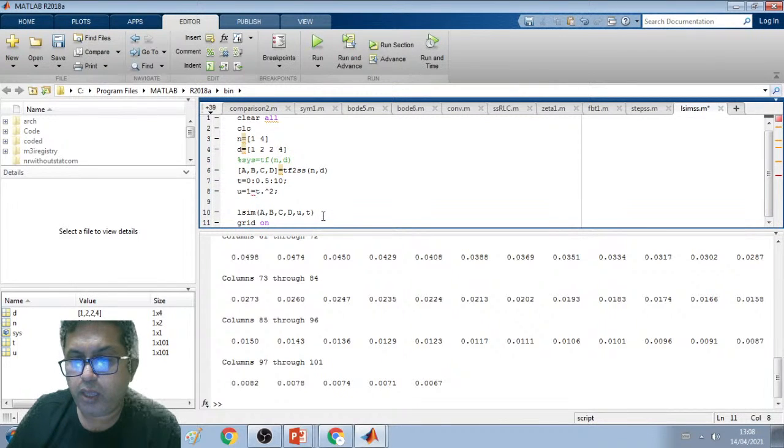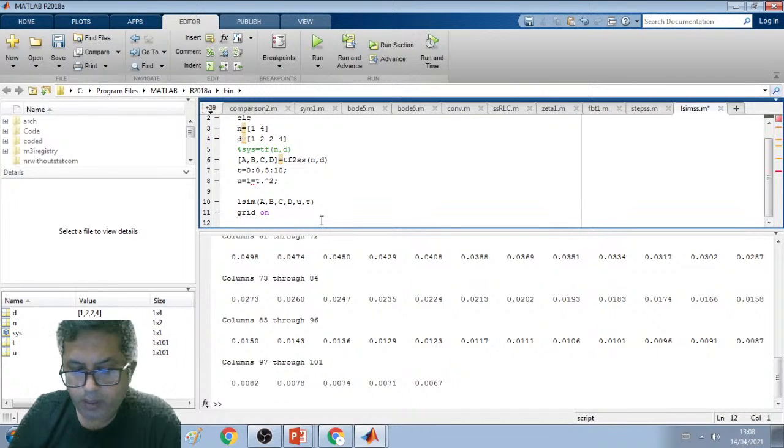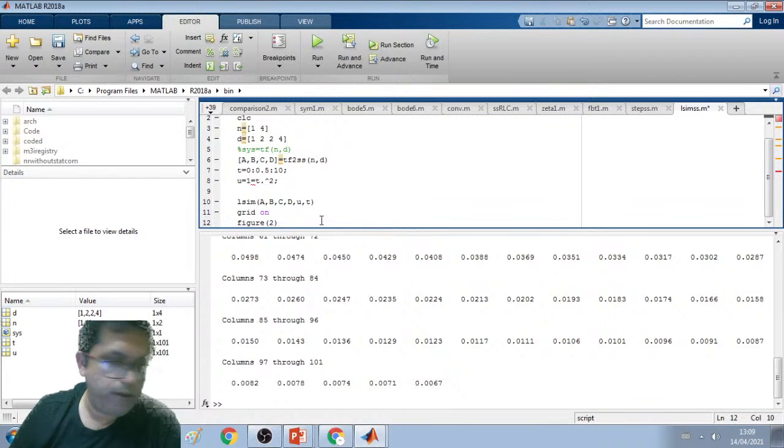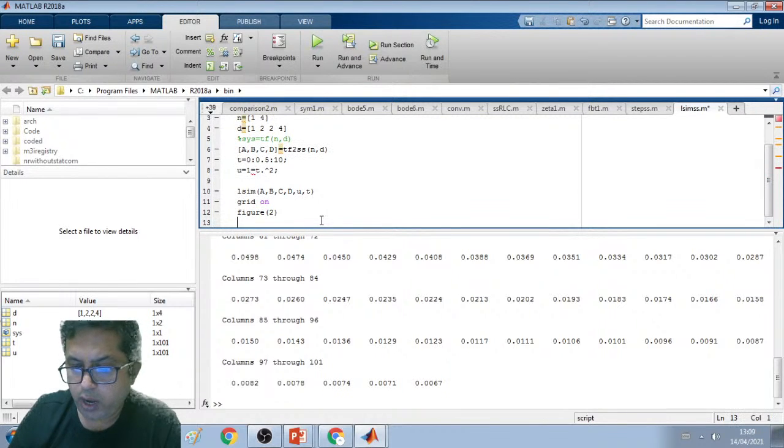Okay. So this is plot. Then I will say figure 2, y is equal to LSIM.